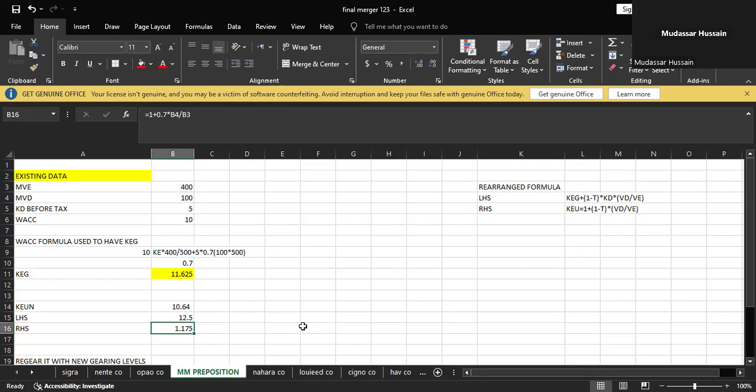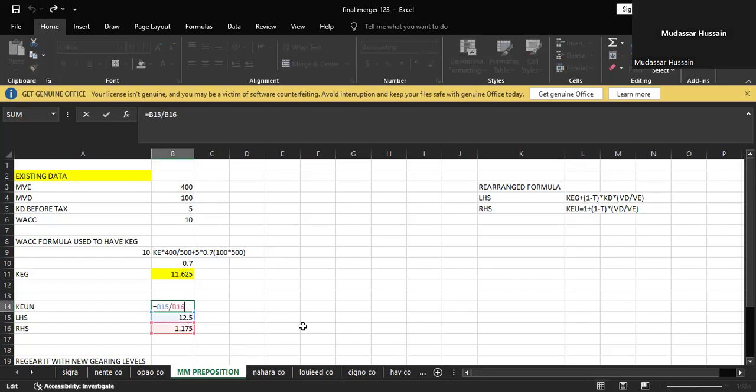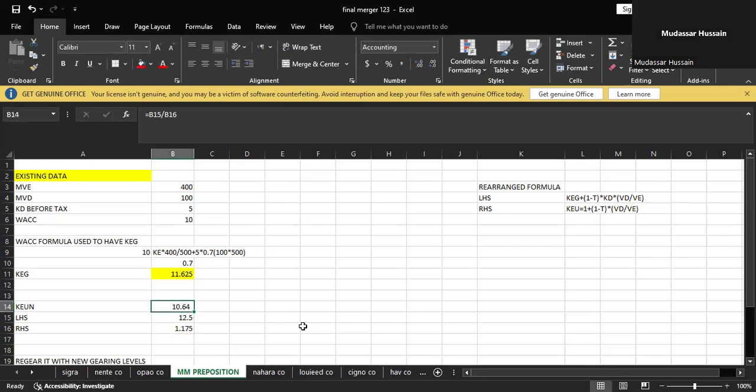I told you people what happened. We divided the left hand side by the right hand side, see what I am doing. This is left hand side divided by the right hand side, and we are having the same answer which we produced on the whiteboard, 10.64.